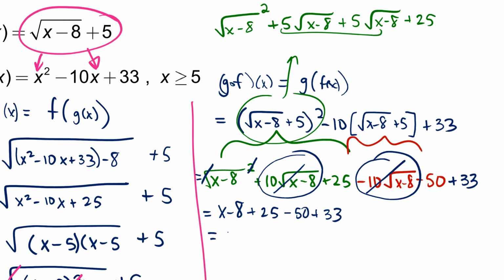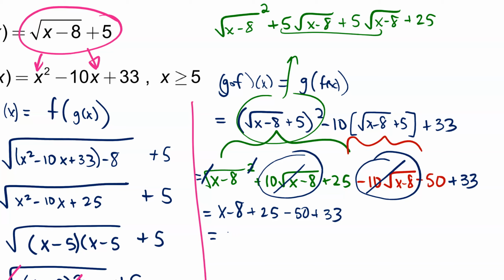Let's take these 4 points. For f of x, I have negative 3 comma 0, negative 2 comma negative 1, 1 comma negative 2, and 6 comma negative 3.